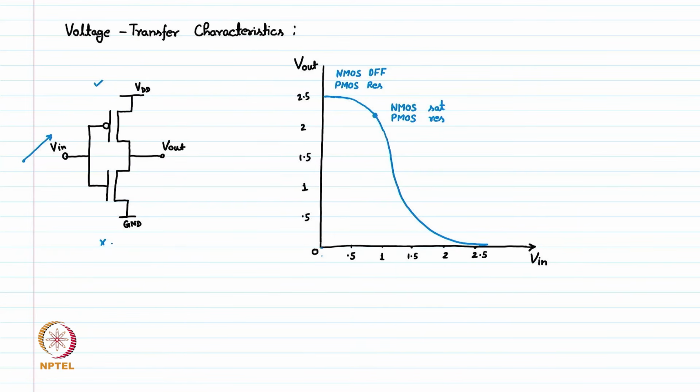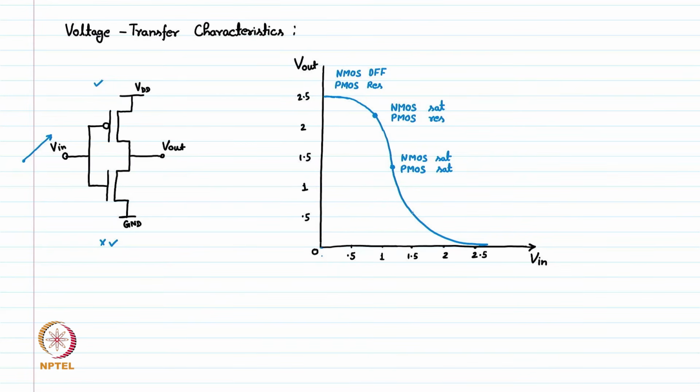In the beginning V out will be equal to VDD, so the drain to source voltage will be very high compared to VGS minus VT. So, NMOS will turn on in saturation region. At the midpoint of the input, NMOS will be in saturation and the PMOS will also be in saturation.